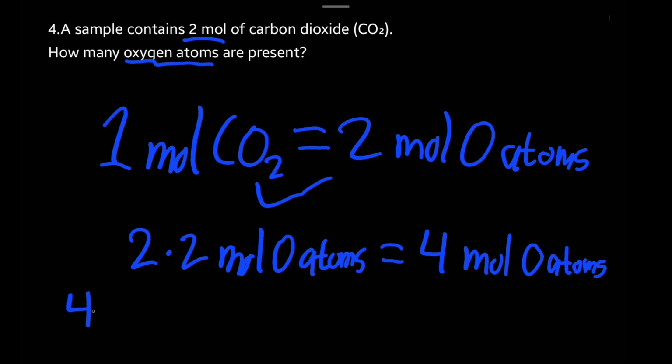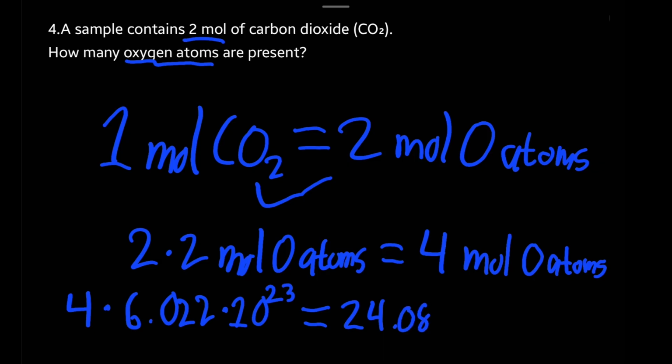Then we multiply it by 1 mole. We basically convert it into atoms or molecules. So use this times 10 to the 23rd power, such a massive number, and we get 24.08 times 10 to the 23rd.